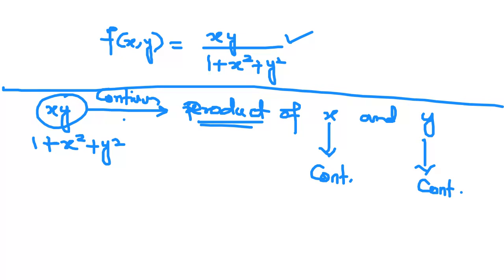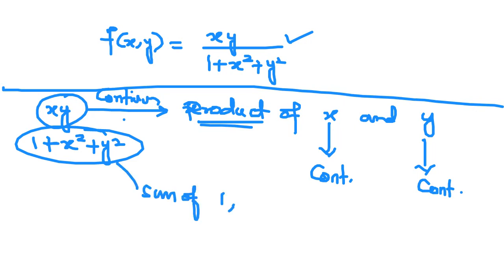First, the upper part, the numerator, is continuous. Now talk about the denominator. The denominator is the sum of 1, x square and y square. 1 is continuous. Every constant function is continuous.